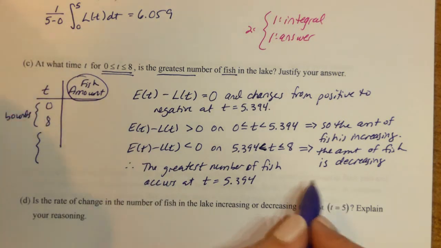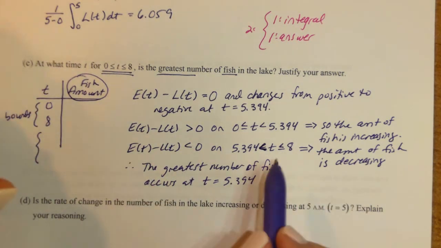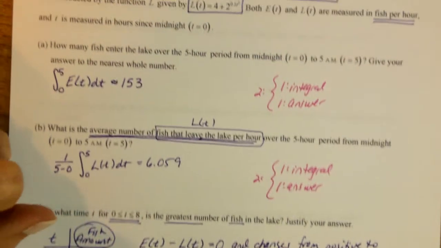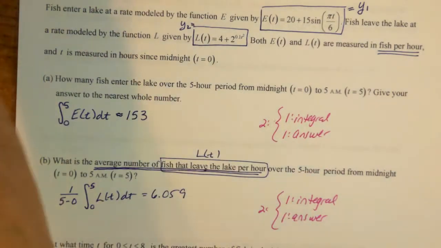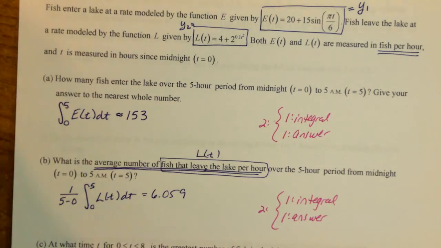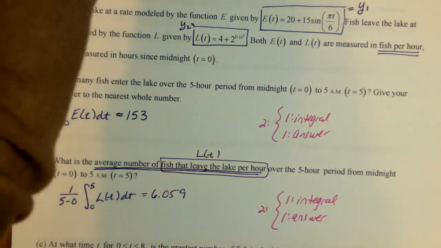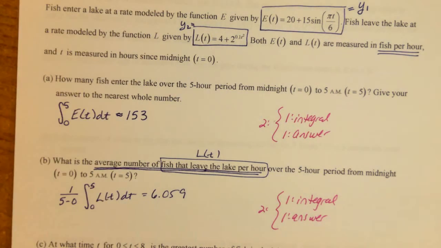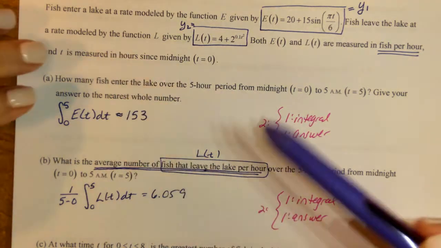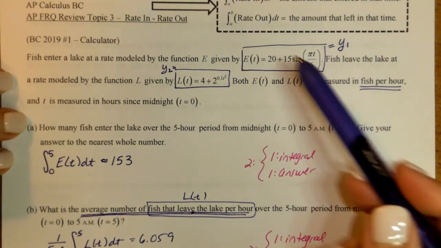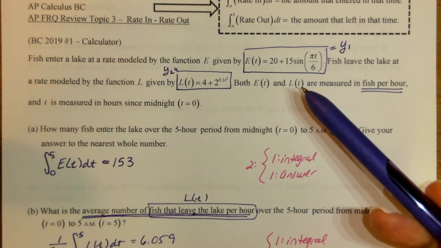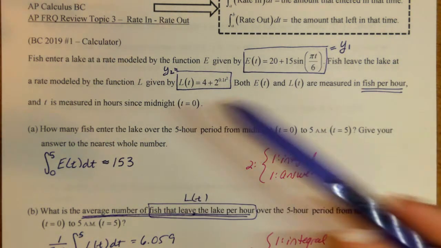Now in this case, did we have to do it this way? Did we know an initial value of fish? Did they give us in the problem how many fish were there at the beginning or at some other time?